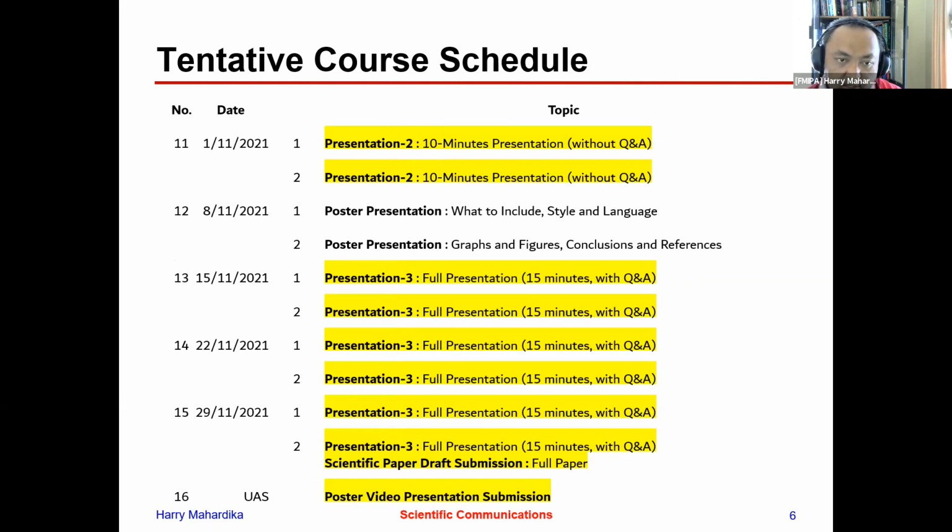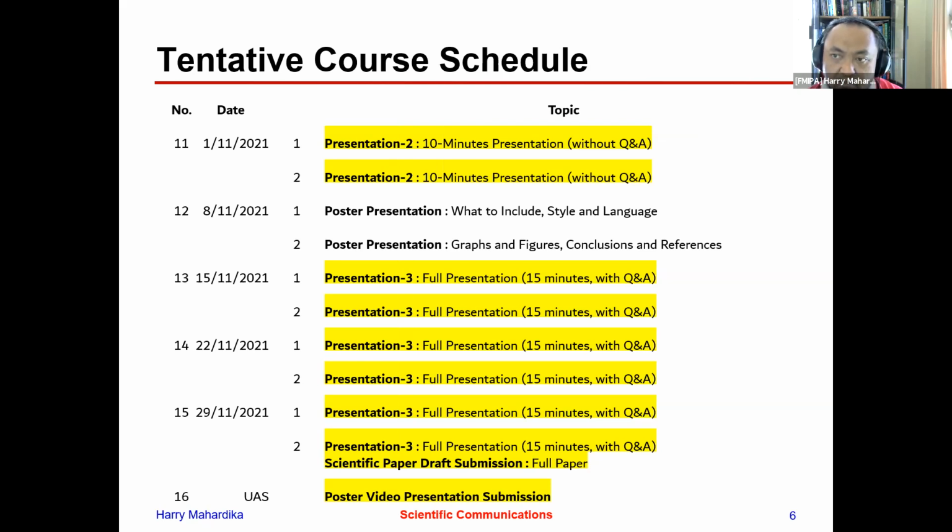And then during the explanation of material for the poster presentation, we're going to divide the students into groups, so that the groups will start working on the poster presentation.